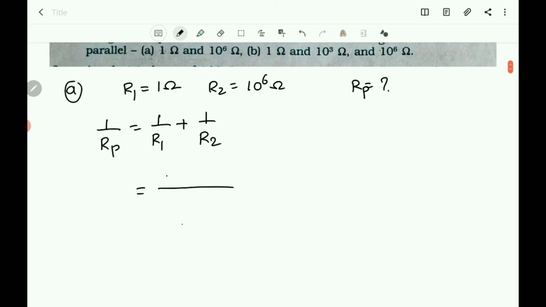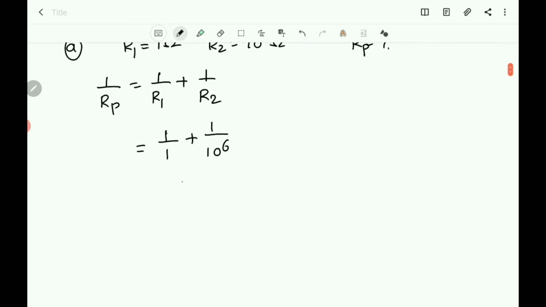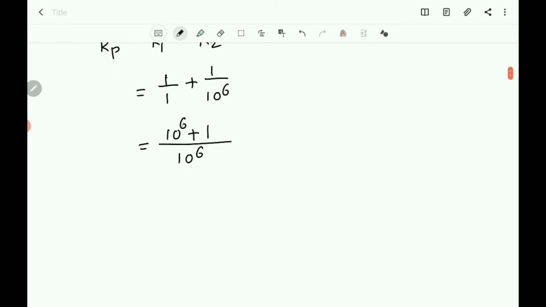Then it is equal to 1 by 1 plus 1 by 10 to the power of 6, and the LCM here is 10 to the power of 6. So the numerator becomes 10 to the power of 6 plus 1, and 10 to the power of 6 means 1 and 6 zeros. It becomes 10 lakh plus 1 by 10 lakh.